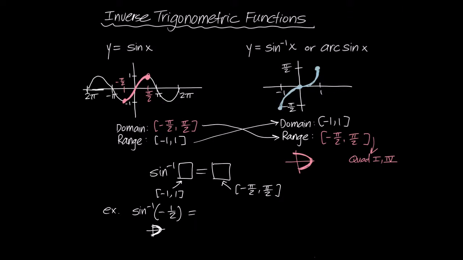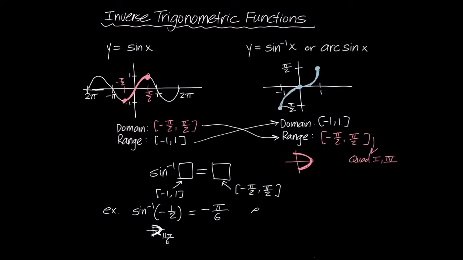Well, you know that has to be fourth quadrant, and it has to be the angle closer to the x-axis, which is 11 pi over 6. However, we don't call it 11 pi over 6 because 11 pi over 6 is not inside this range. So you have to call that angle by a different name that is in the interval negative pi over 2 to pi over 2. And that would be negative pi over 6.